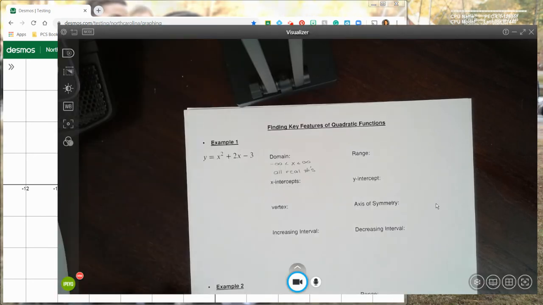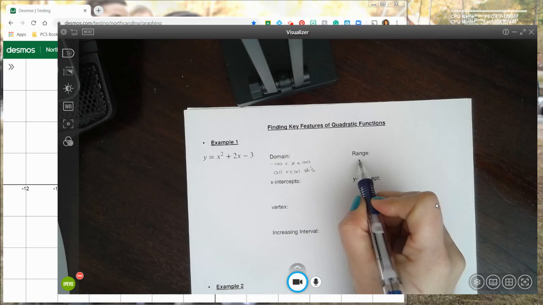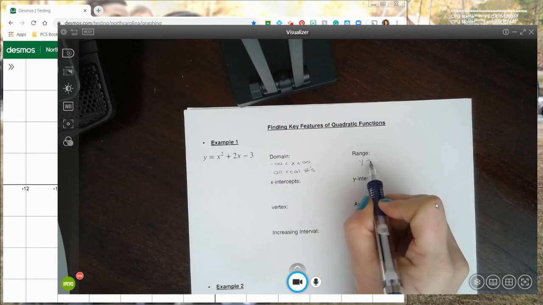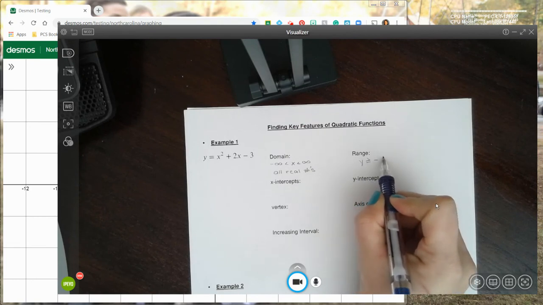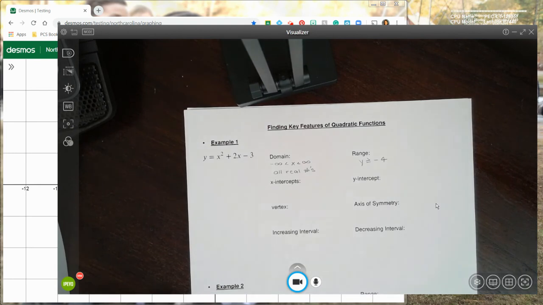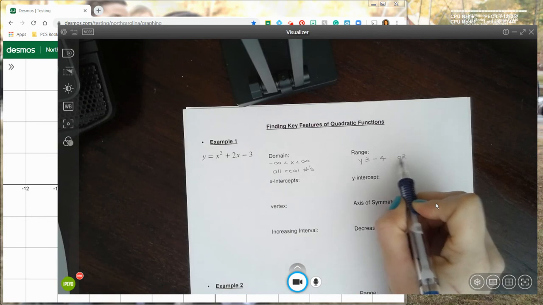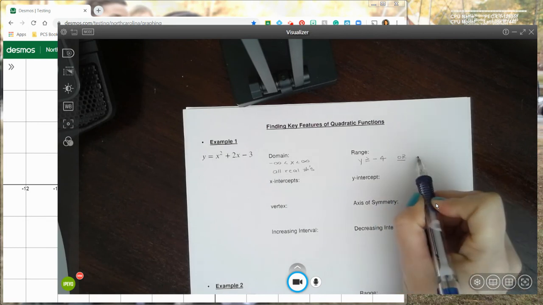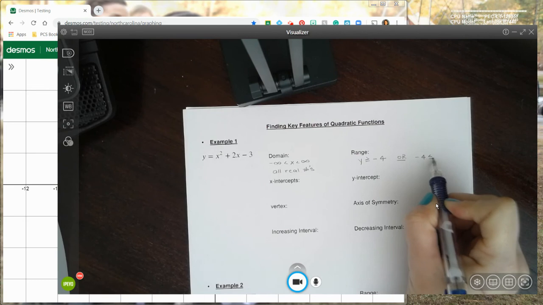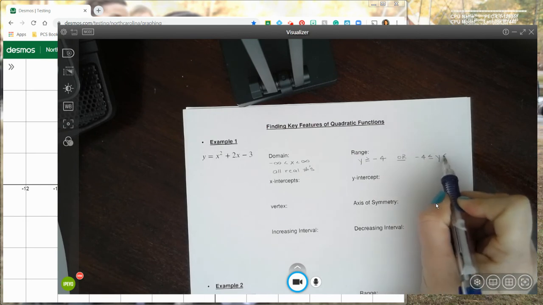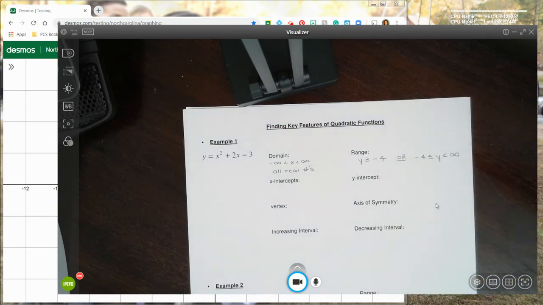So the way we're going to write that is y is greater than or equal to -4. You could also see that written as -4 is less than or equal to y is less than infinity.